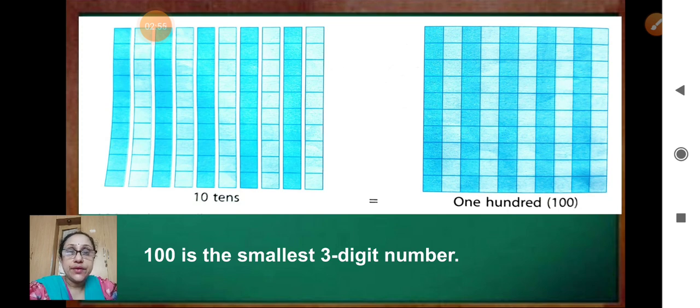Okay? 100 is the smallest 3-digit number.